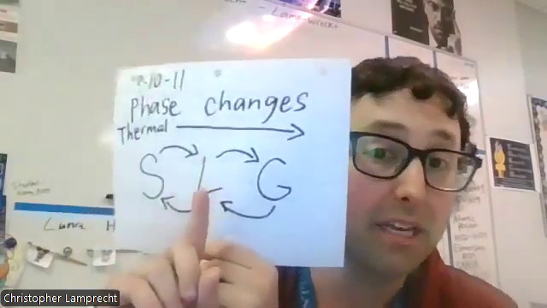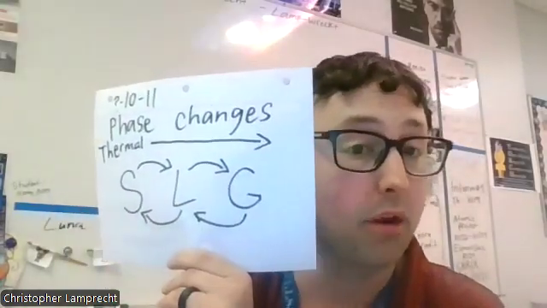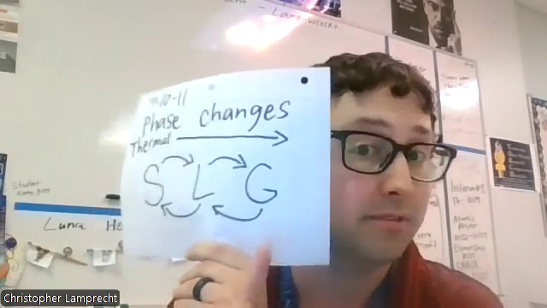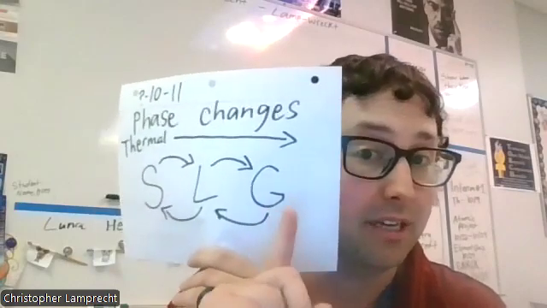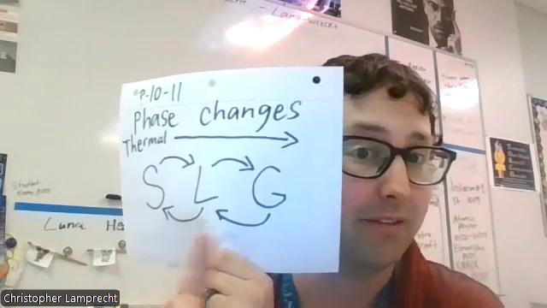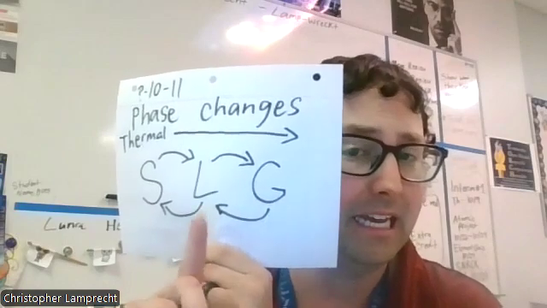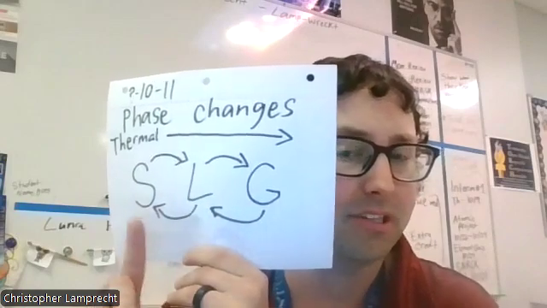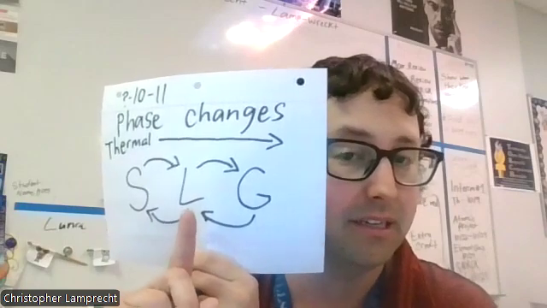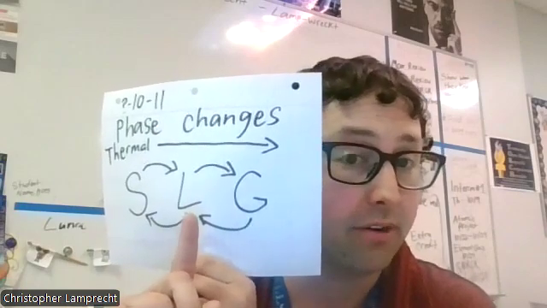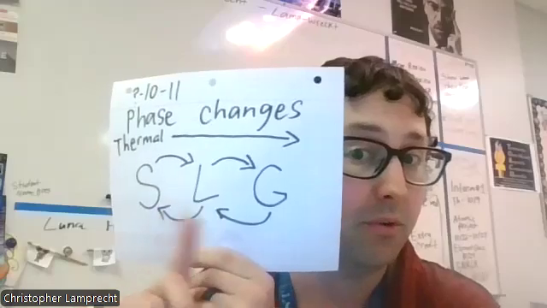Now, from liquid to gas, boiling, vaporization. Let's see if I can do this without looking. Condensation should be around here somewhere. And then liquid to solid, if you have a melted candy bar or if you have water in an ice cube tray, you have to freeze it to make it solid again.